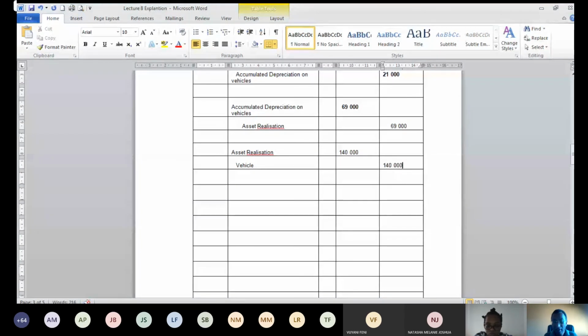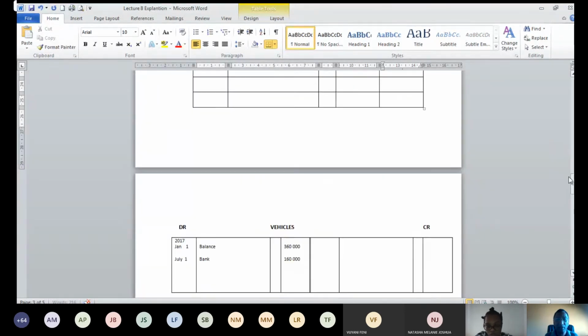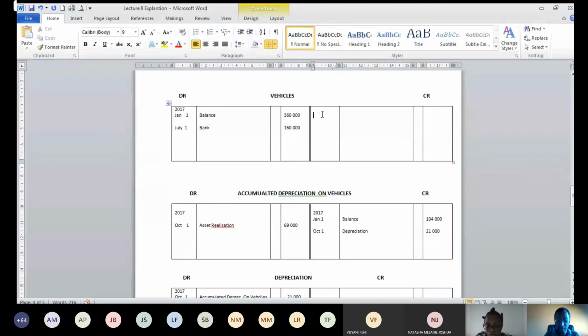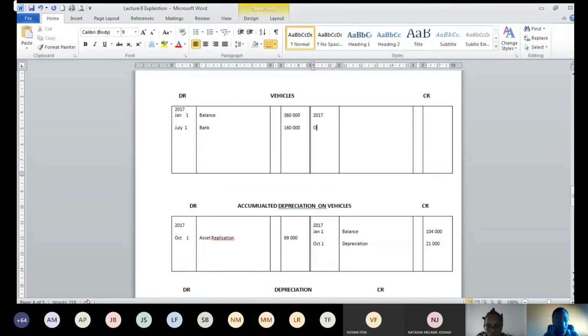To record that entry in my ledger now, I will say my vehicle account, 2017 on the 1st of October, I will credit my vehicle account here with asset realization with the amount of 140,000 Rand.